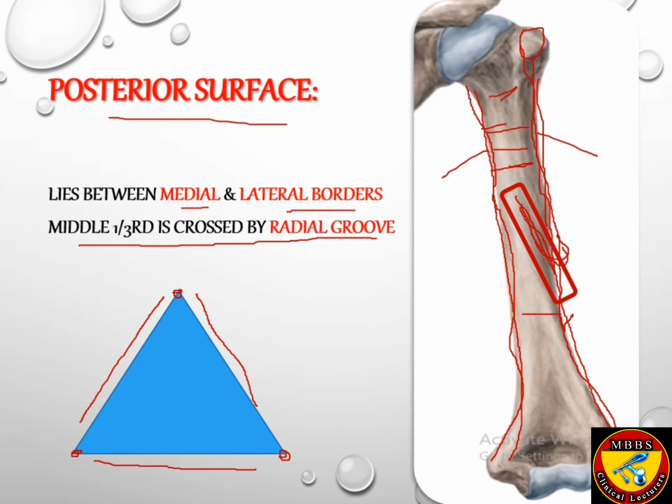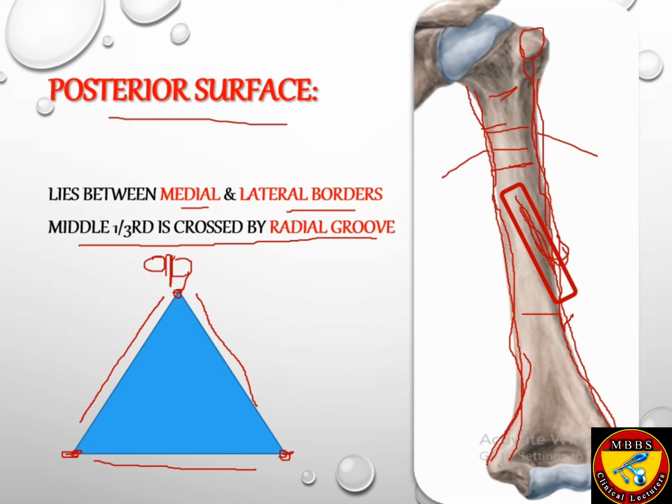The anterior border starts from the lateral lip of the intertubercular sulcus, and it ends in the lower part, in between the two fossae. The medial border starts from the medial lip of the intertubercular sulcus and ends at the medial supracondylar ridge.